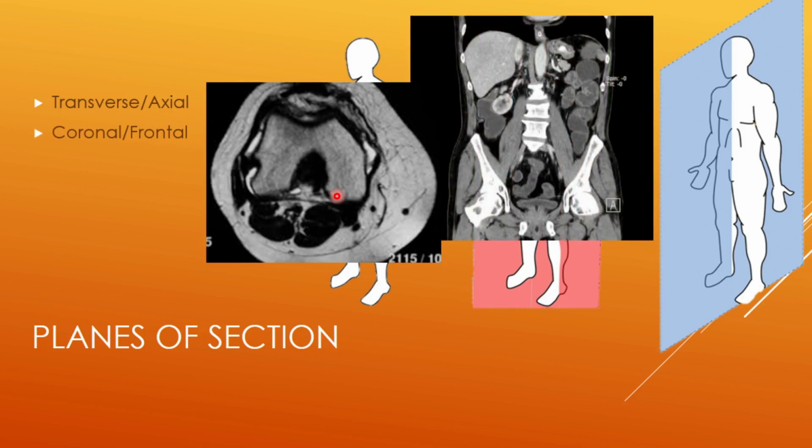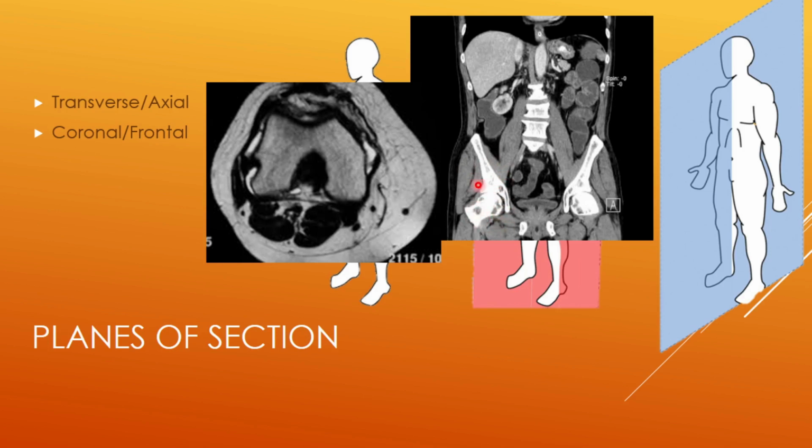Next is the coronal plane, or frontal plane is another term for it. This refers to cutting the body front or anterior from the back, or posterior. So cutting front from back. And we can see here on this CT scan of the abdomen, essentially the posterior abdominal wall here, we can see the vertebral column here, and some muscles associated with the vertebral column that you'll come across later on.